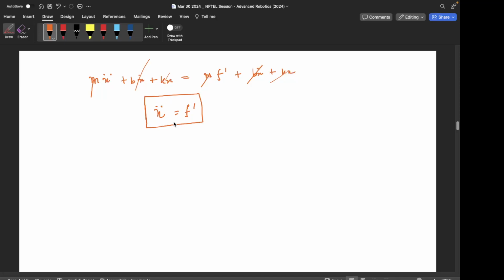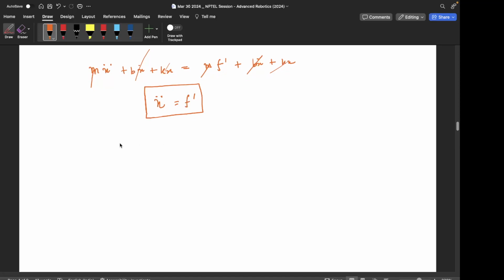So by using the model based part of the control, we have reduced that system to just x double dot is equal to f dash. And for this system we choose f dash is equal to, as before, kv x dot minus kpx.